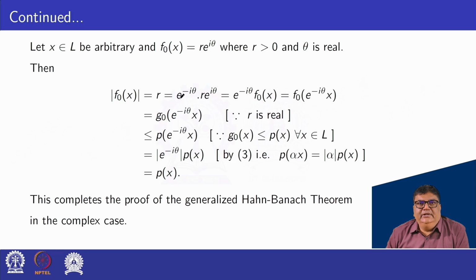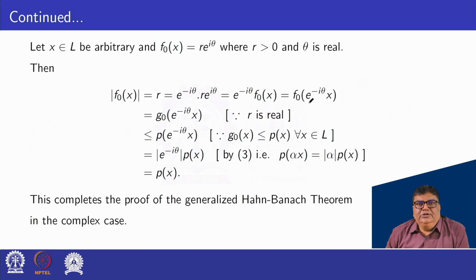And this can be written as e^{-iθ} r e^{iθ}. So e^{-iθ} f0(x) can be written as f0(e^{-iθ} x), because e^{-iθ} is a scalar.